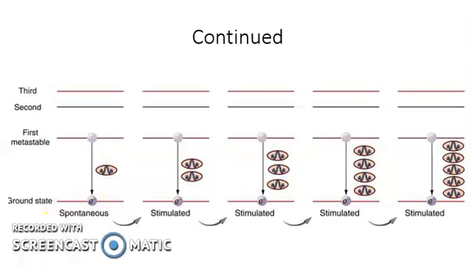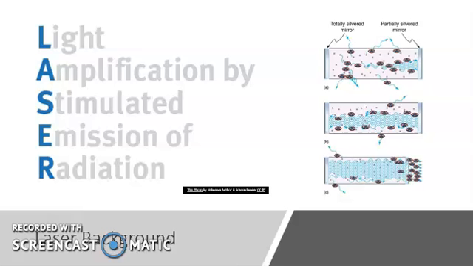So laser is actually an acronym for light amplification by stimulated emission of radiation, which is the process that I just described. The process was proposed and developed, allowing the advances in quantum physics.